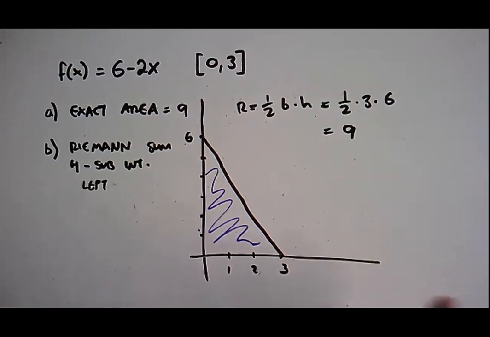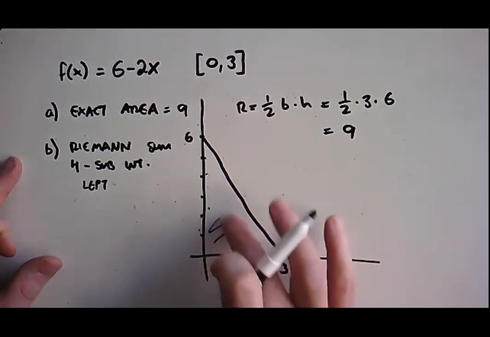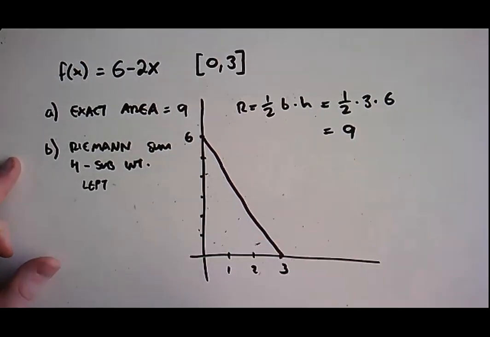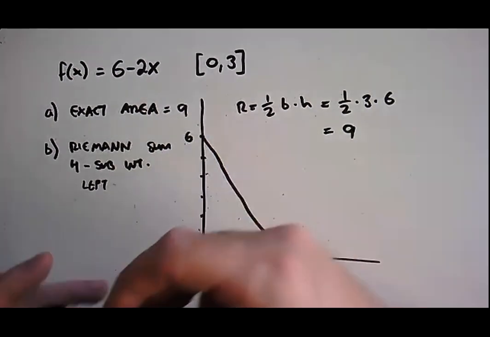All right, so the Riemann sum is an approximation, and they've asked us to do this using 4 subintervals. So our interval spans 3 units, and we need to divide that interval of 3 into 4 equal subintervals. Let me draw what that looks like, and then we can figure out what these values are.